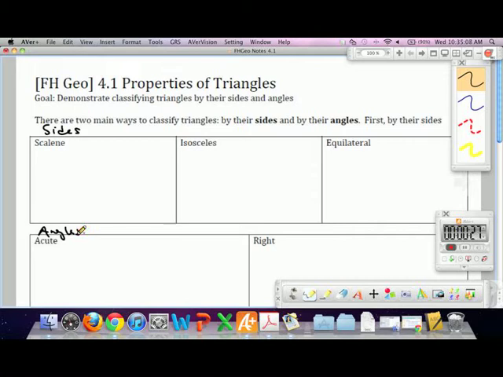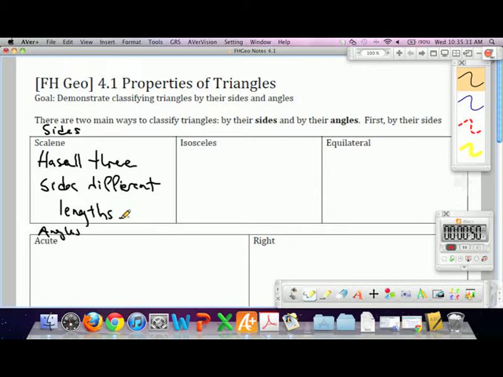A scalene triangle is a triangle that has all 3 sides different lengths.